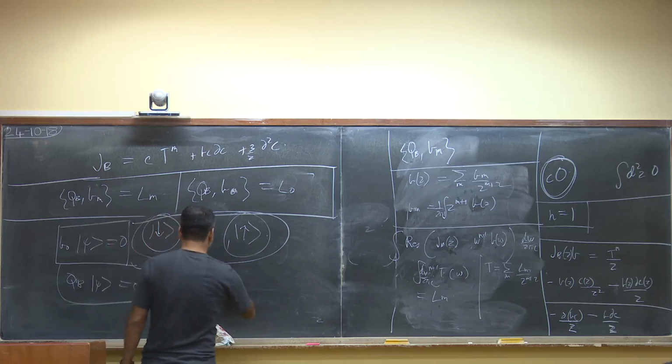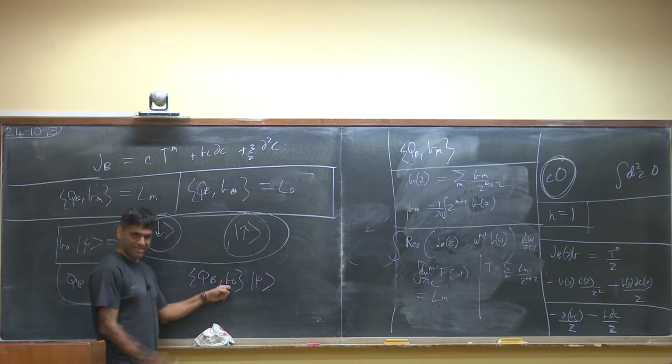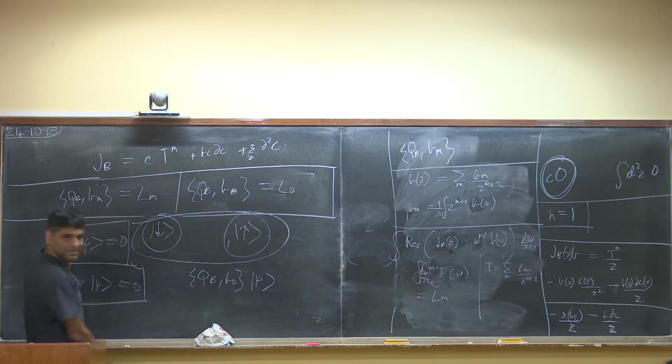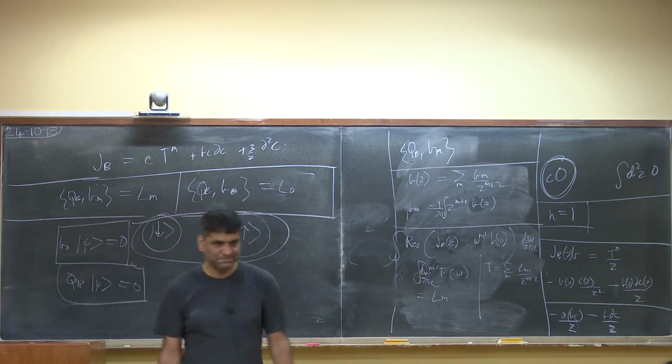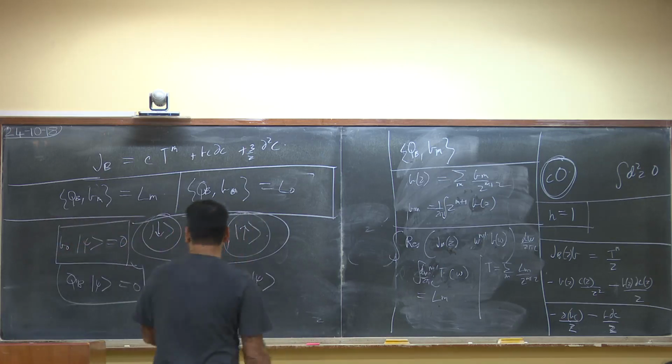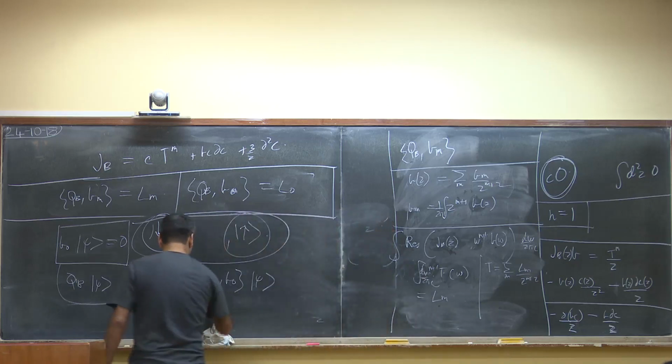So QB with B0 on psi has to be equal to 0, because one term in this product is killed by B0 and the other term is killed by QB. But we know that the anti-commutator of QB and B0, just by algebra, is equal to L0.